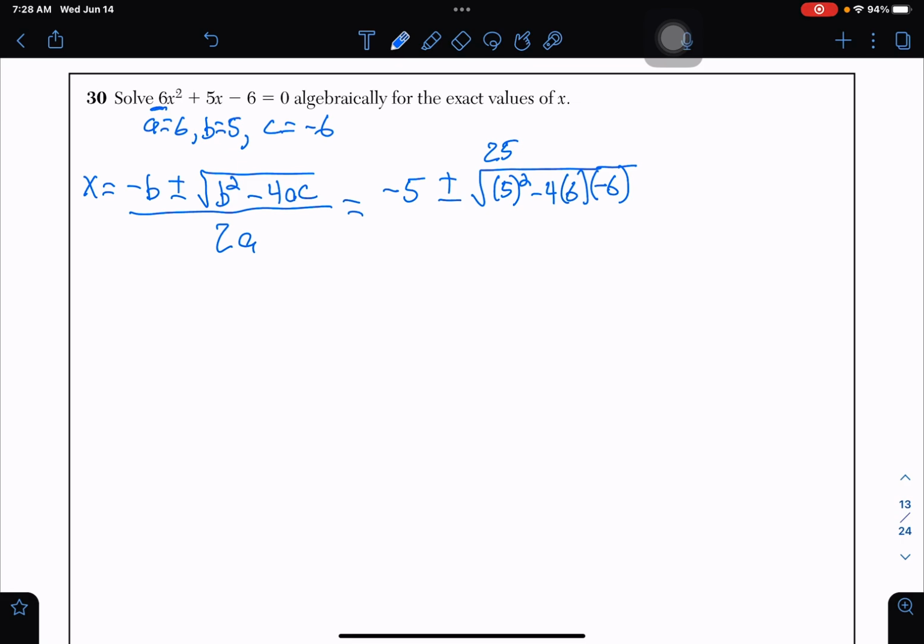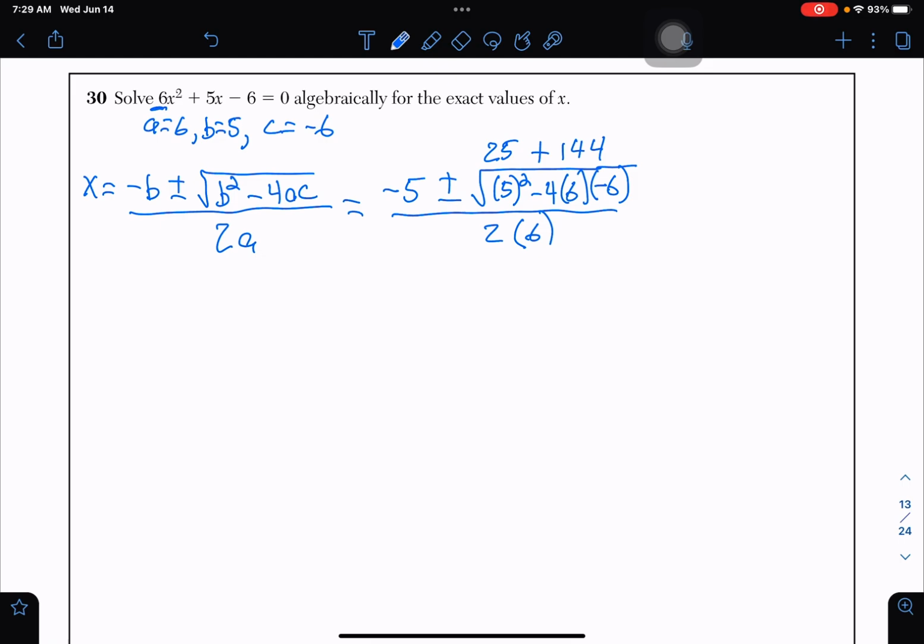And then you do negative 4. Don't forget the negative for the first one. You're going to have negative times a negative, so it's going to be a positive. Negative 4 times 6 times negative 6 is plus 144. All over 2 times 6, right?